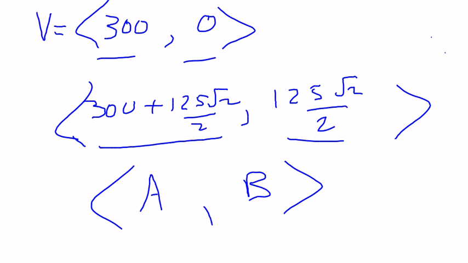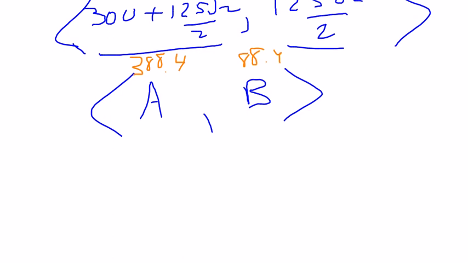For the x component, I get 388.4 about, and I'm going to store that as A. And the other component, I get 88.4 about, and I'm going to store that as B.